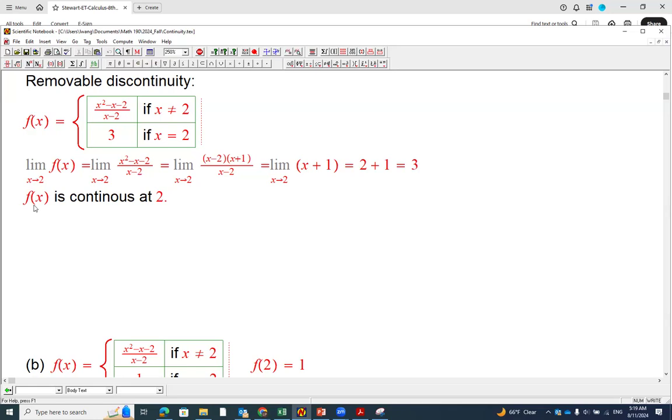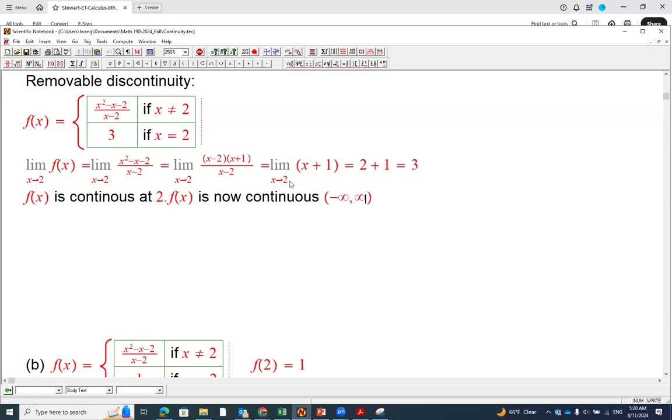In fact, f is now continuous everywhere, because we already demonstrated it's continuous everywhere but 2.